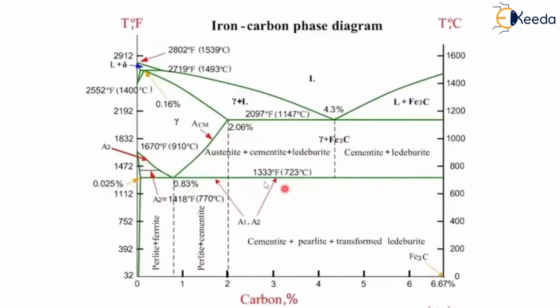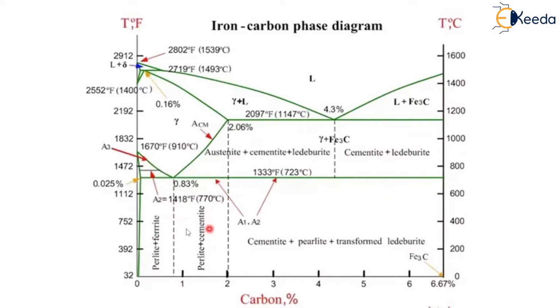Now, you can observe here the iron carbon diagram, in which this is the lower critical point and this is the upper critical region. So this is the upper critical temperature range. For these lines, this is the upper critical temperature line.